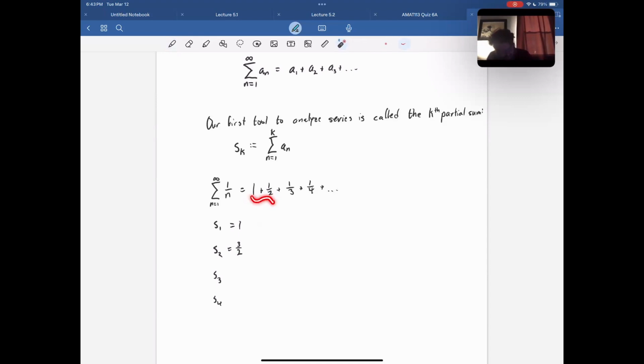Likewise, S3 is the sum of the first three terms, so that's 6/6 plus 3/6 plus 2/6, which is 11/6. And so on. I don't feel like doing that, so when in doubt, just write the terms out.